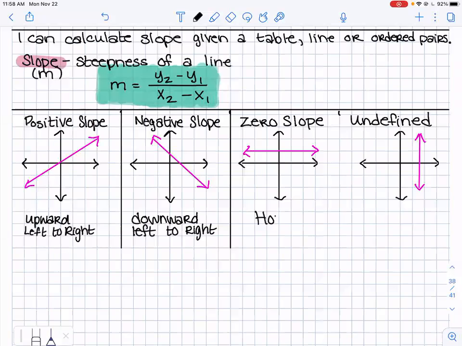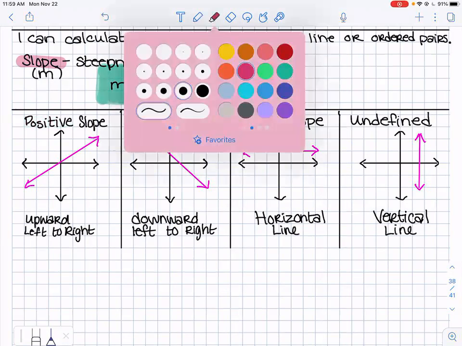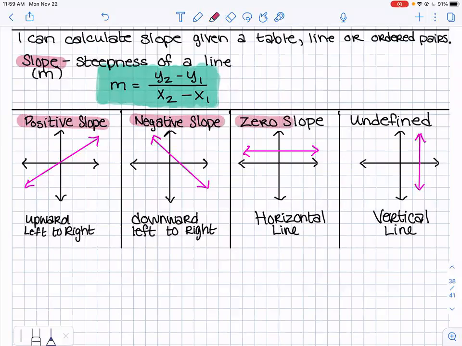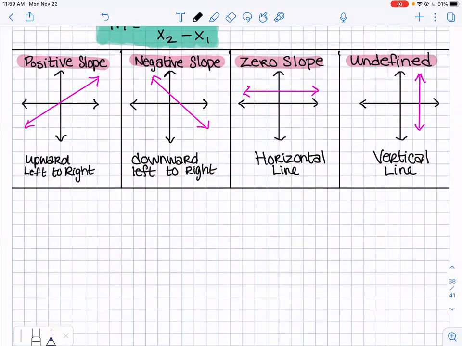This one you can just put horizontal line. And vertical line. And we are gonna highlight each of these in pink. Again, you don't have to draw the dividing lines if you don't want to, but for me, that just kind of organizes the information a little better.